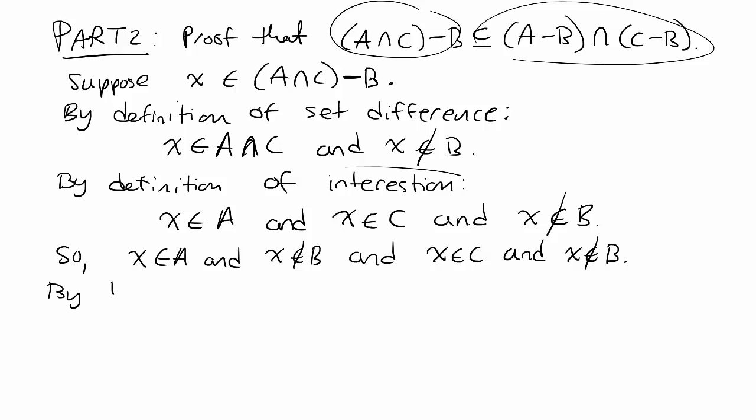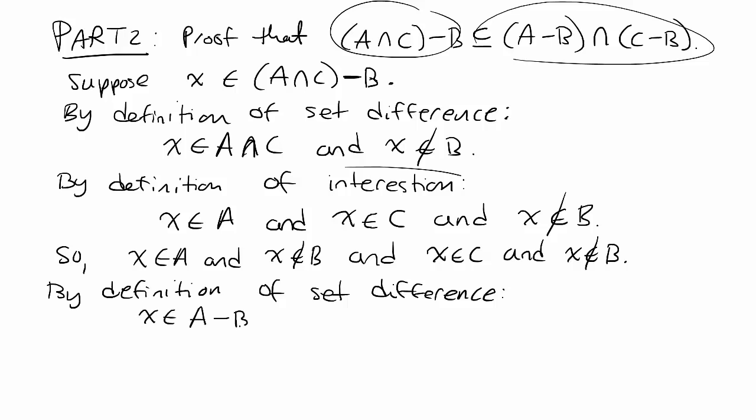So then by definition of set difference, X is an element of the set difference between A and B. So we're just rewriting this part. And we still have this and here. And then use the set difference on this. X is an element of the set difference between C and B.